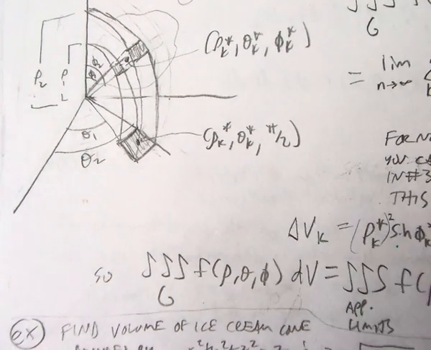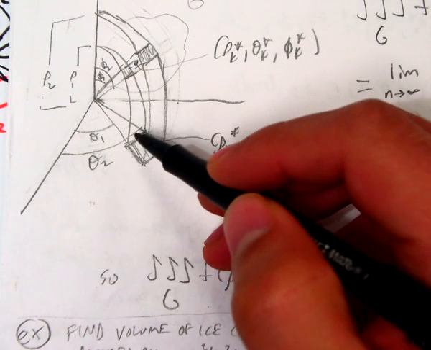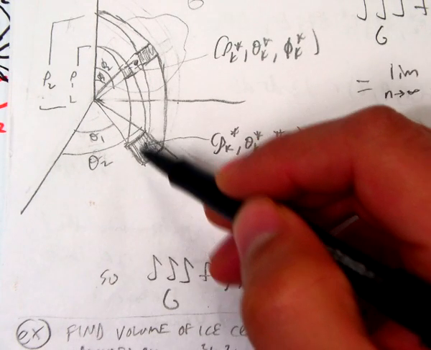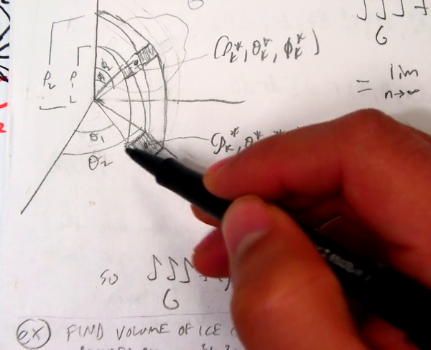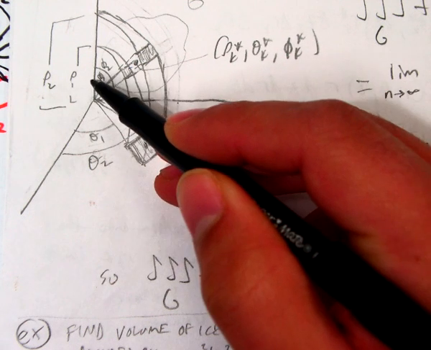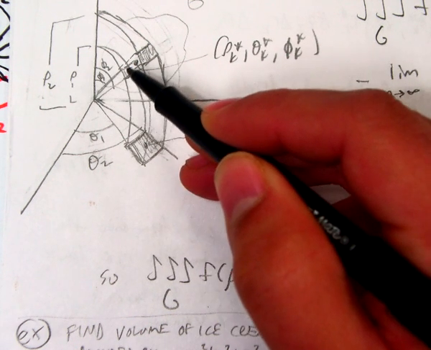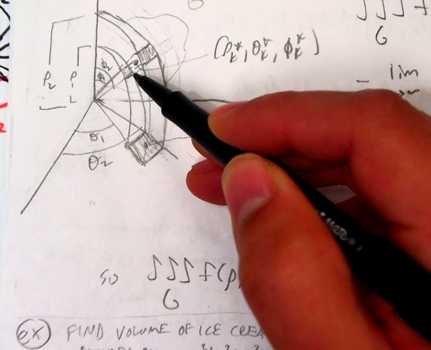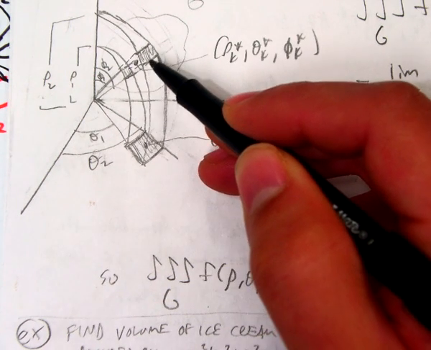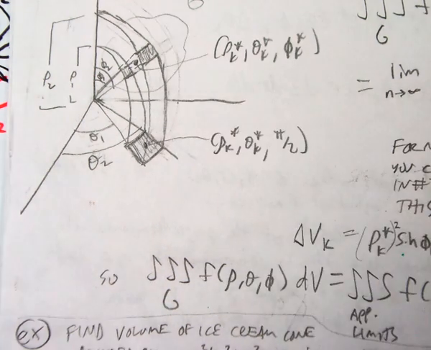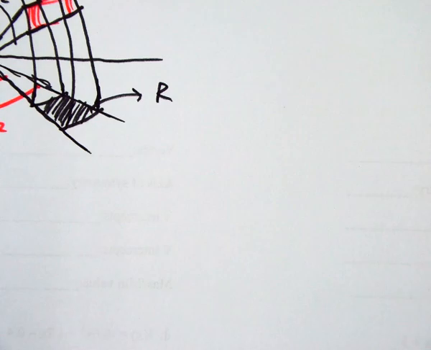So again, here's the region R, and you guys kind of see the portion of the sphere here? If you follow that up, and then you range phi from phi 1 to phi 2, then you get this little volume in here, this little spherical wedge. Okay, so that's what we're talking about here.